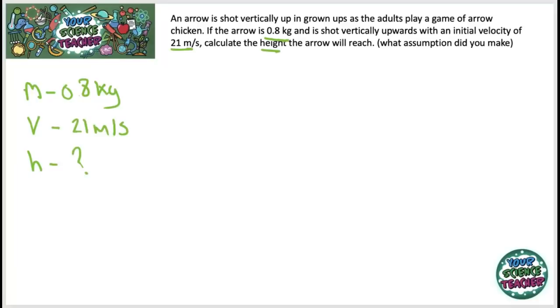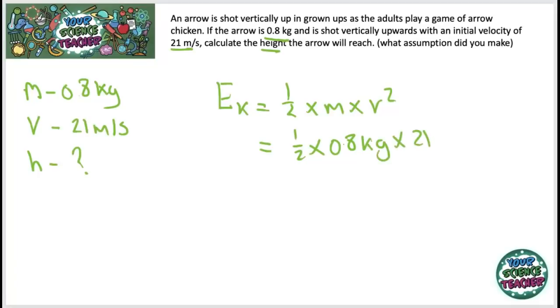Now, I know the mass and the velocity of my arrow, so I can therefore calculate the kinetic energy as kinetic energy equals a half times mass times velocity squared. So if I do a half times 0.8 kilograms times 21 meters per second squared, I can get my kinetic energy, which is 176.4 joules.